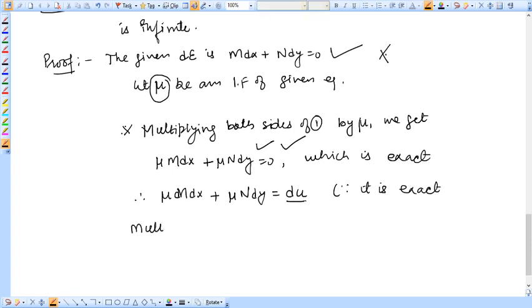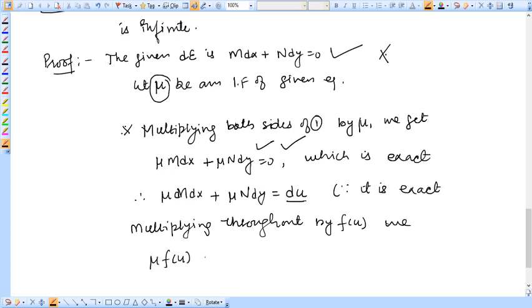Multiplying throughout by f(u), we get mu f(u) M dx plus mu f(u) N dy is equal to f(u) du, right?